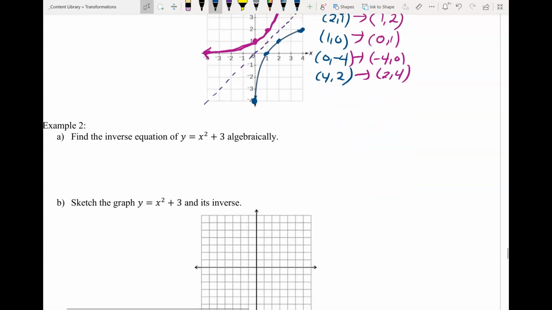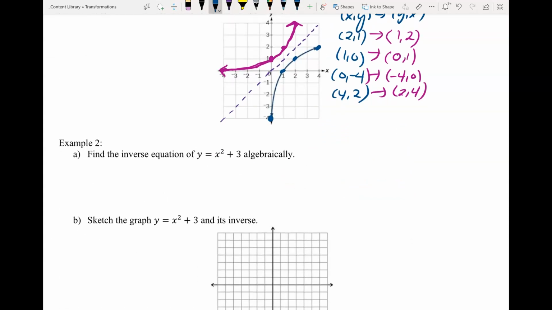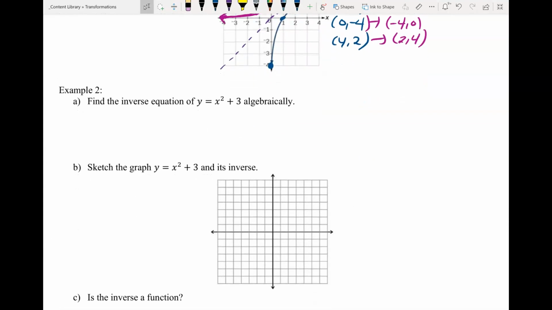In the next example, we're going to find the inverse equation algebraically. So there are a few steps that we have to follow. The first step is to let f of x be the function that we're trying to find the inverse of, so x squared plus 3.